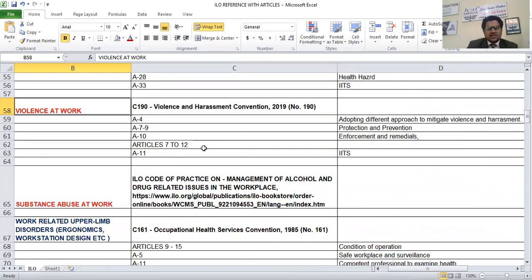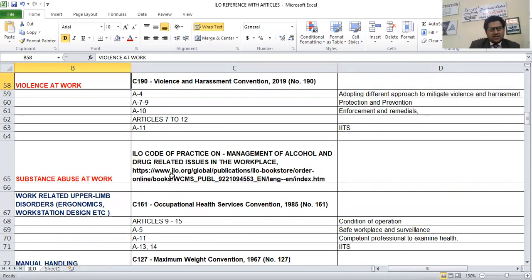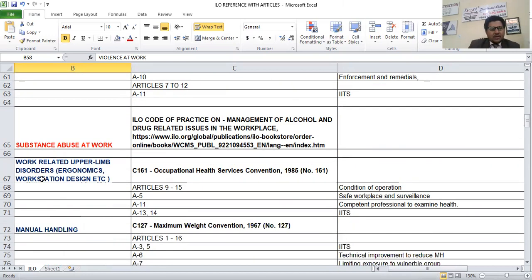Substance abuse at work is the ILO code of practice on management of alcohol and drug related issues. We also have work-related upper limb disorders, ergonomics and workstation, which is C161, the Occupational Health Services Convention 1985.